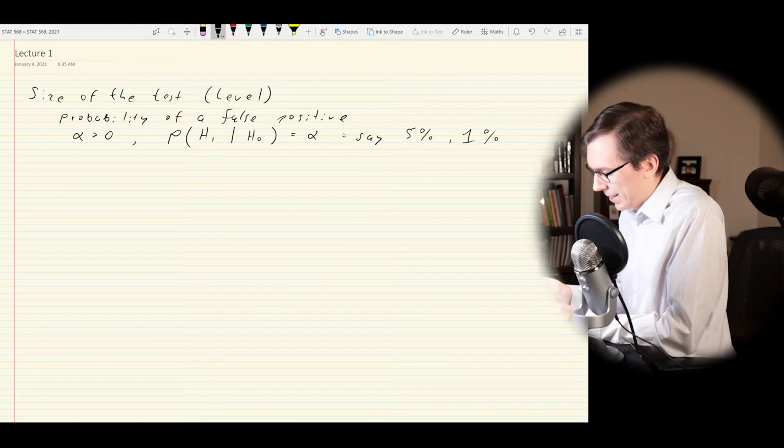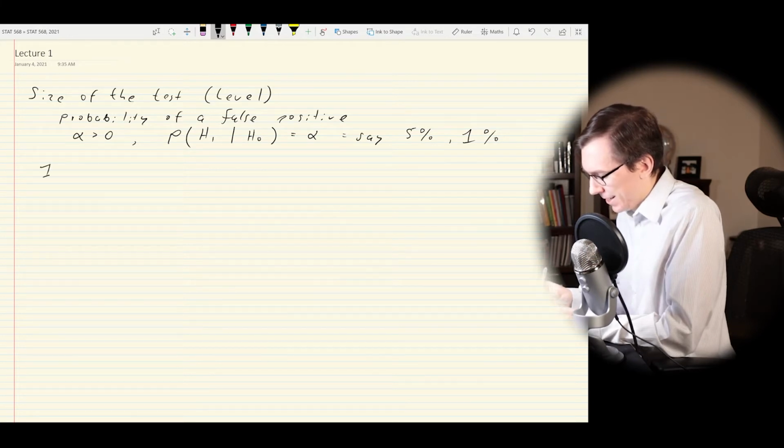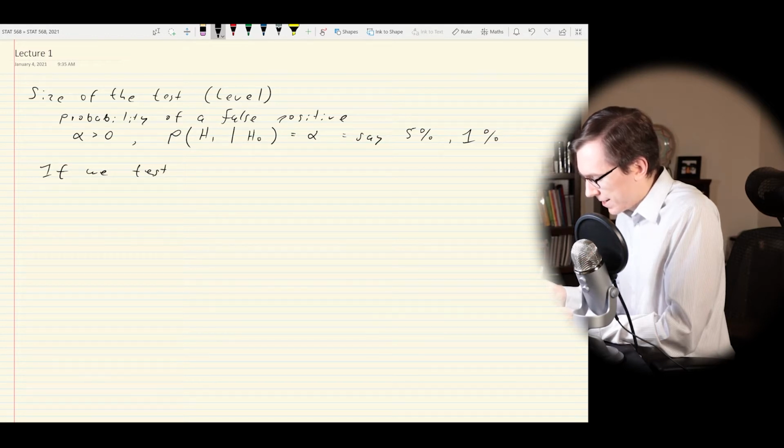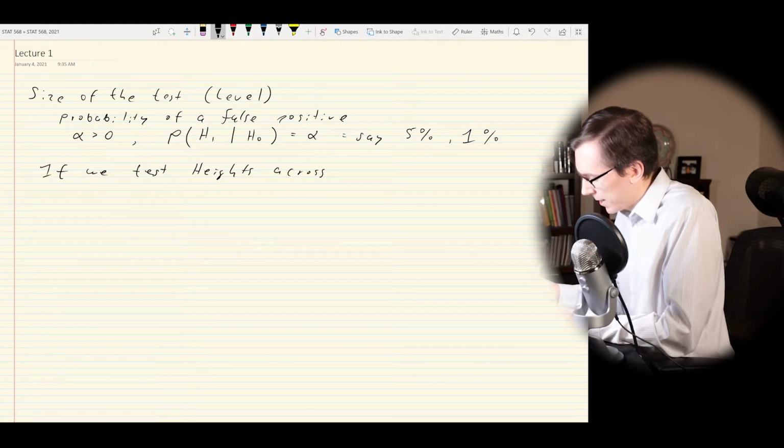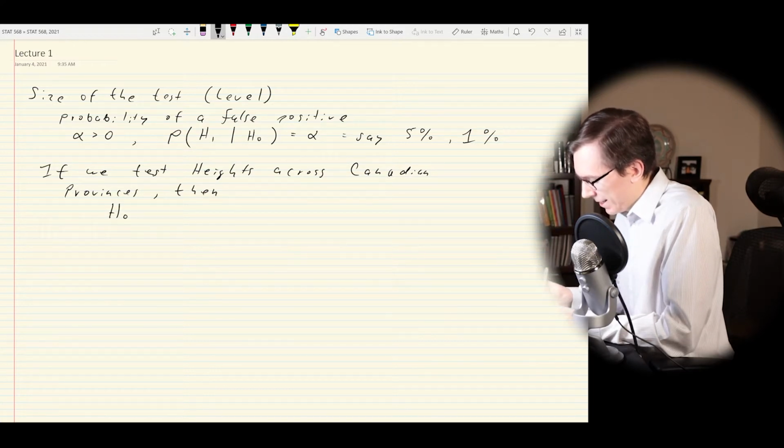So in the case of the Canadian provinces, if we were to test heights across Canadian provinces, then what do we have? The null hypothesis would typically be that the heights are all the same.